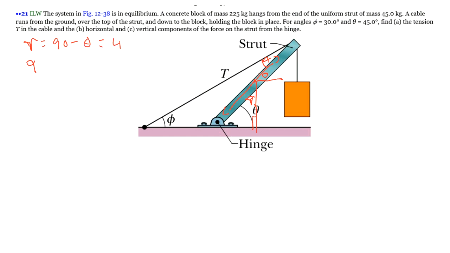That's going to equal 45 degrees because theta is equal to 45. And then alpha, here we have 45, we have this big angle here, so we have to look at it as equal to 180 minus 45.